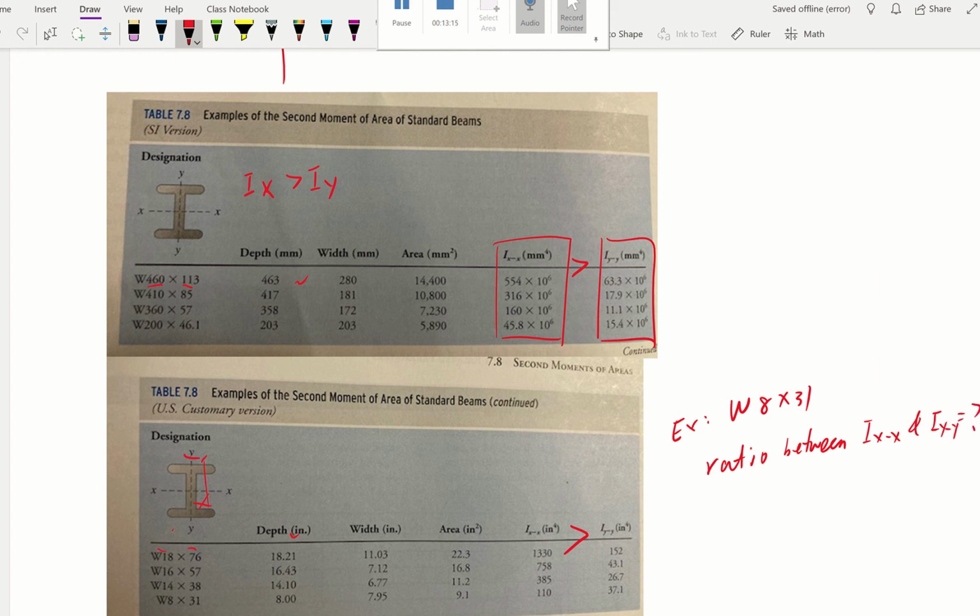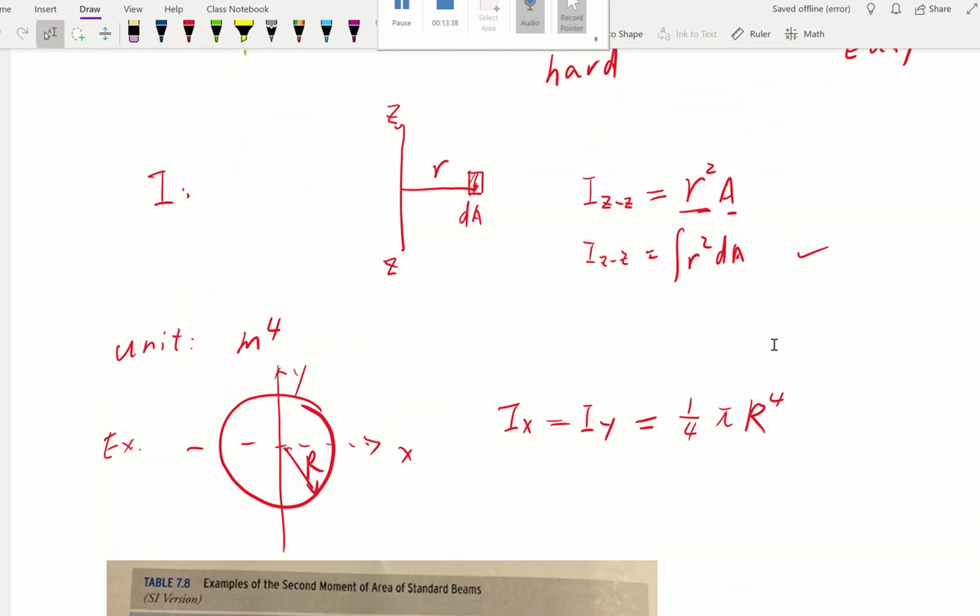So this would be a very simple problem, right? You will look at the W8x31 and you see IXX is going to be greater than IYY. The values are given. So here it is 110 and here it's 37.1. So that's the ratio. Then you can put it in the calculator, get your answer. So that's the area moment of inertia.